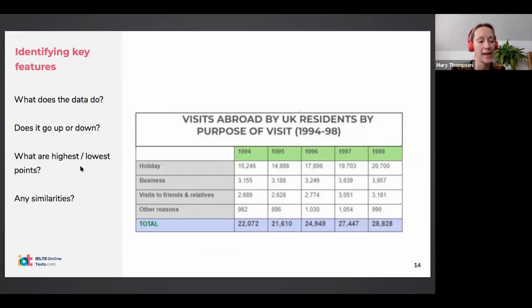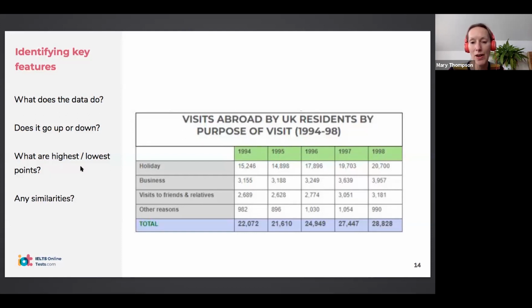Okay, can you notice any similarities there? So, looking at the figures, business and visits to friends and relatives, okay, they're quite similar.